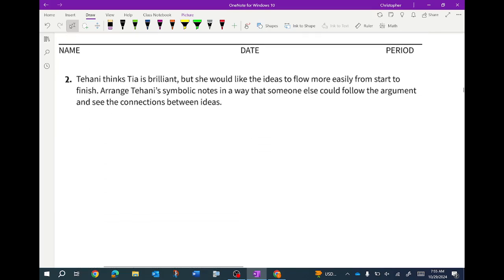Okay. So, in a two-column proof, you'll start with a given statement. Usually this will be written for you, so you usually don't have to write this.